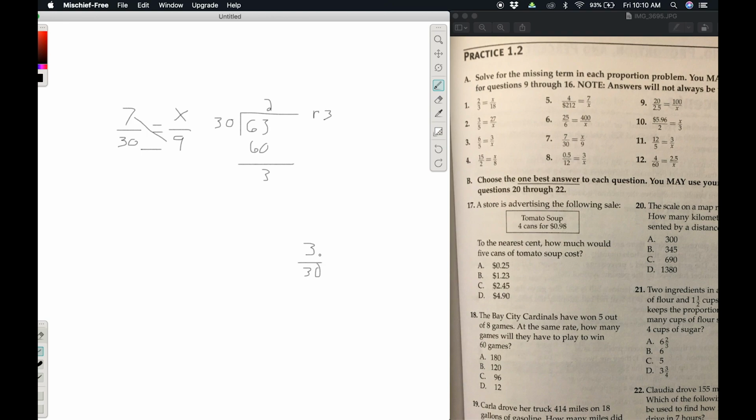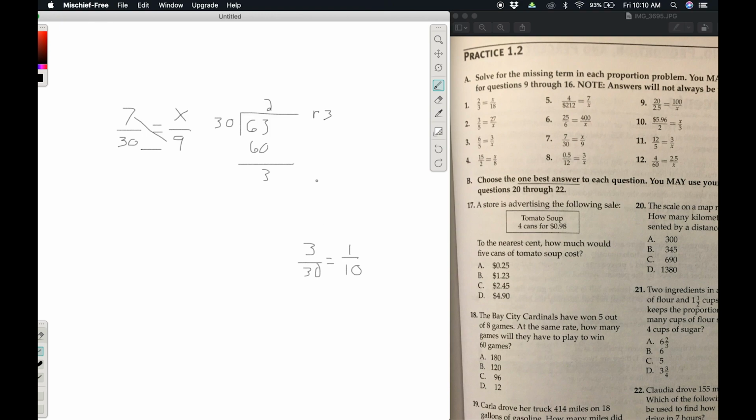Basically, we have to reduce this. What's the number that goes into both of these? Well, 3 goes into both of them. 3 goes into itself 1 time. And 3 goes into 30 10 times, because 3 times 10 is 30. So now we have the fraction 1/10.